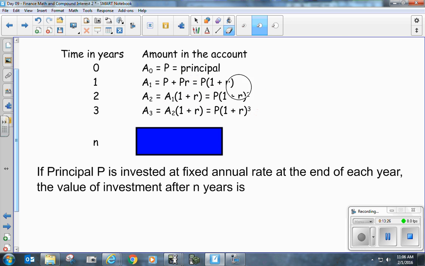Now that I explained that to you, if my time is not a number, it's now an n, what do you think the equation is going to look like? If my time in years is n, a variable now instead of a number, what do you think is going to happen here? The exponent's going to change.